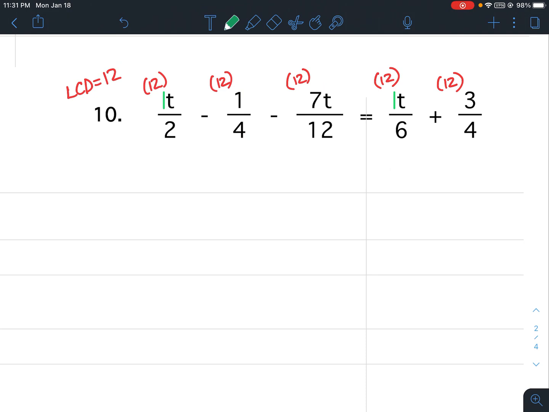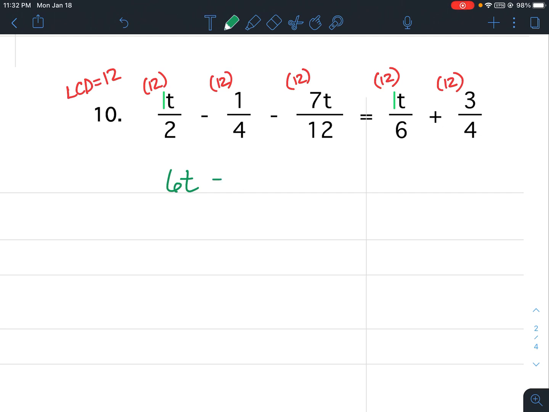Normally I would have you use a calculator. I'm just going to tell you what these are. So 12 times 1/2, so half of 12 is 6, so this would be 6t. 1/4 of 12, 4 into 12 is 3, 3 times 1 is 3, so 1/4 of 12 is 3.